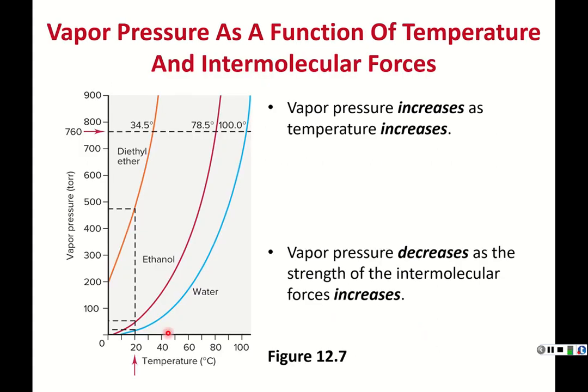And that's shown here. Okay, so diethyl ether is very hydrophobic, relative to the other two, and you can see the vapor pressure shown here at a particular temperature is always higher for it compared to ethanol and water, which both have hydrogen bonding interactions available to them.